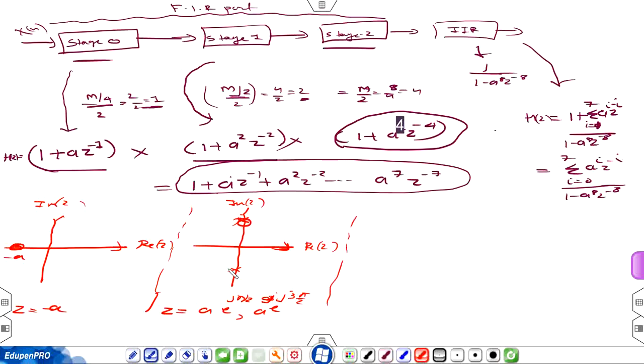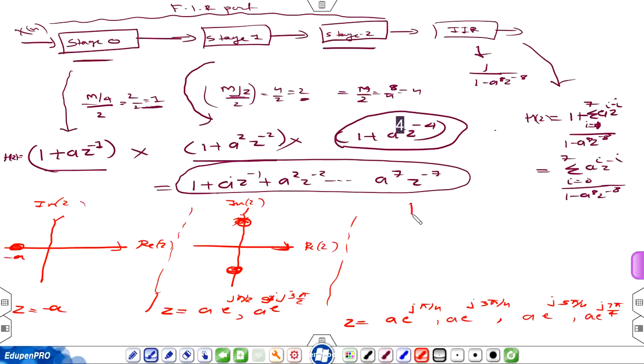Okay, this is 0. So this part will have zeros at locations a into e raised to power j pi by 4, a into e raised to power j 3 pi by 4, a into e raised to power j 5 pi by 4, and a into e raised to power j 7 pi by 4.